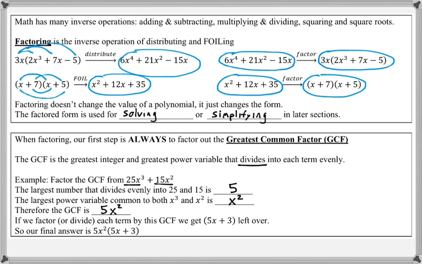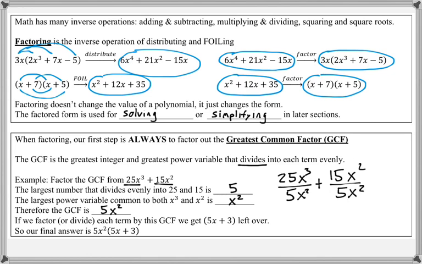So if we factor or divide each term by this GCF, we get 5x plus 3. If you want to see that the long way, 25x cubed over 5x squared plus 15x squared over 5x squared.